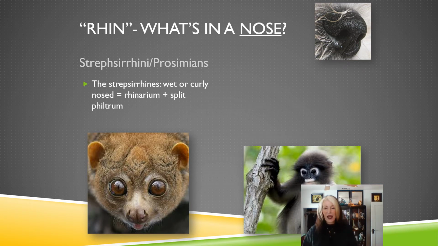Okay, so what does that mean when we take the words apart and define it? It is the wet or curly nosed species, and that type of nose that's got lots of clear nasal fluid is leathery, not the same kind of skin as you have elsewhere on the body, but its own leathery skin, and the flap type nostril, that's called a rhinarium.